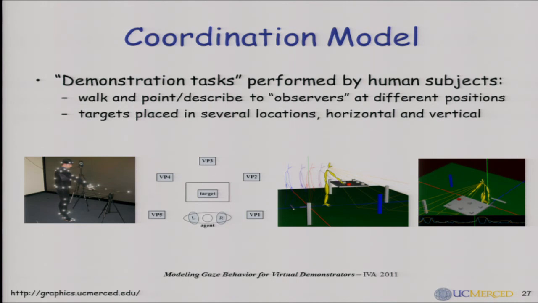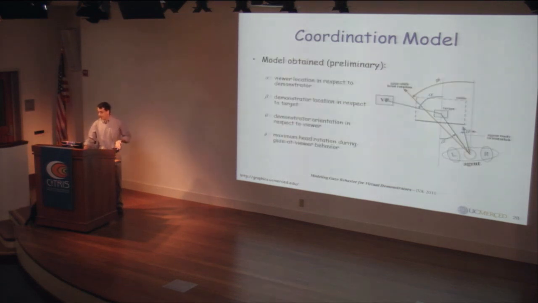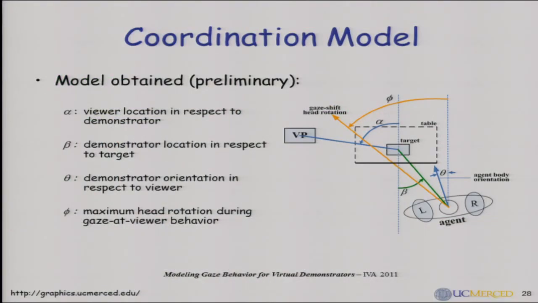And then with that, we have a good selection of variations on the typical scenario of deciding where to go, pointing to an object and delivering some information to someone at a given location. We then annotated all this captured information and analyzed all the data, and we built a model to try to capture the main parameters out of that.